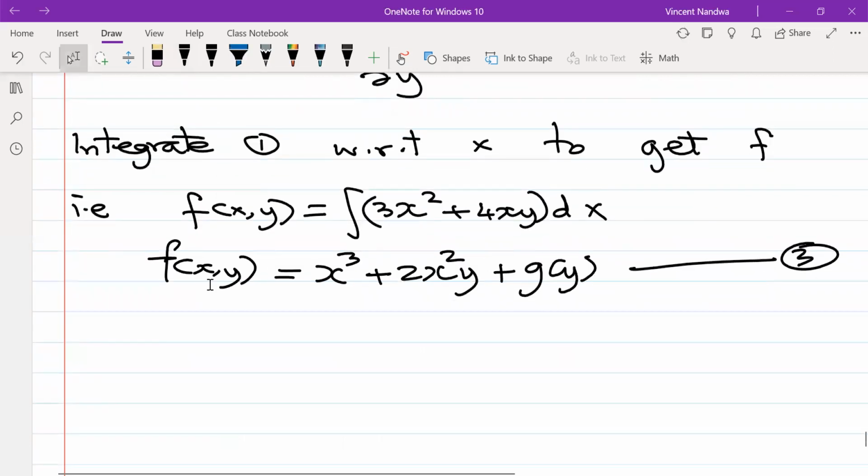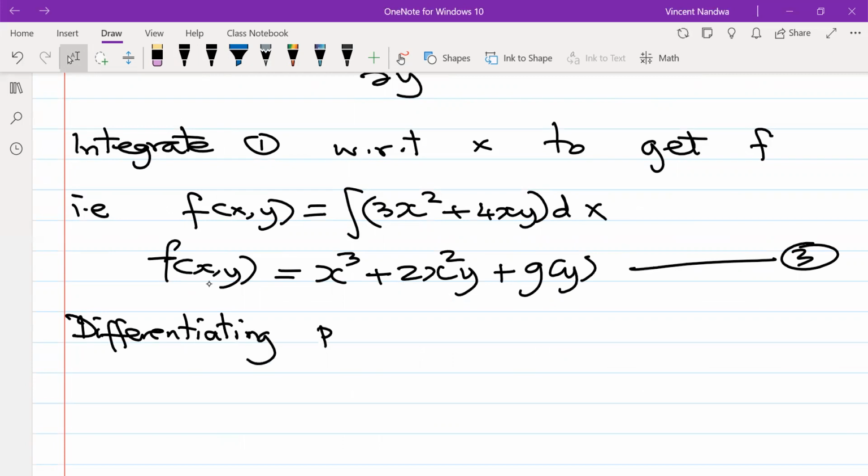Now, again, differentiate equation 3 with respect to y.